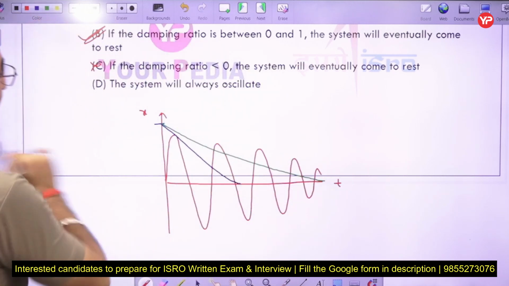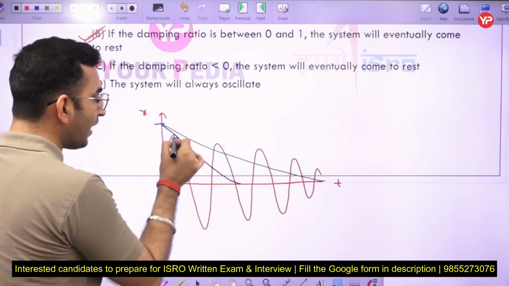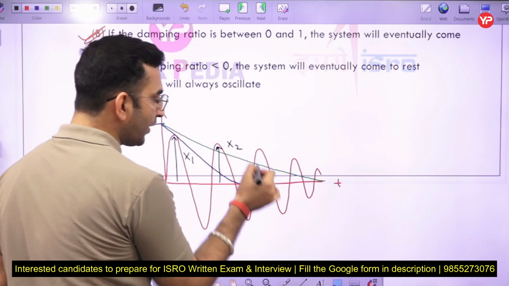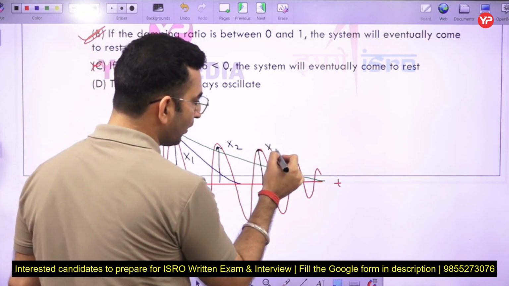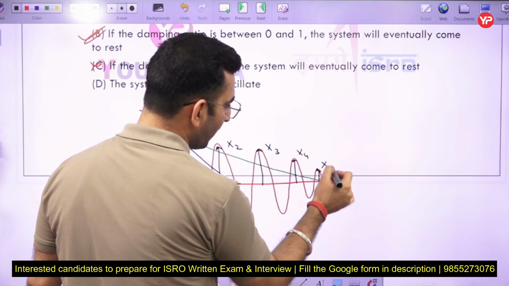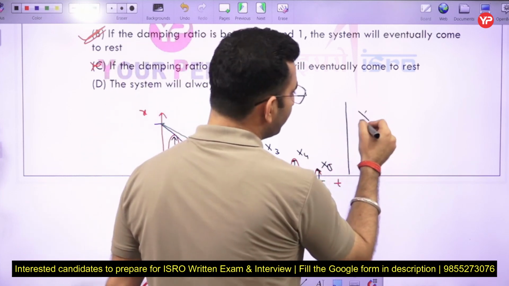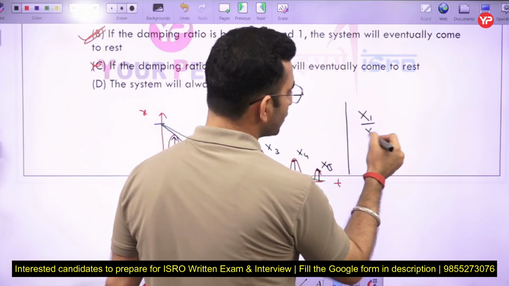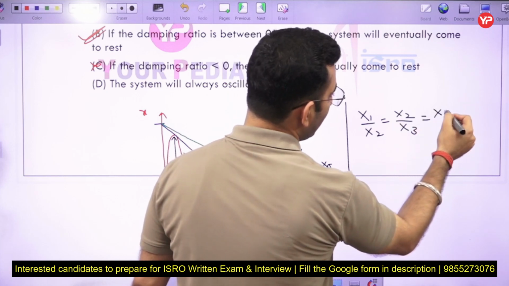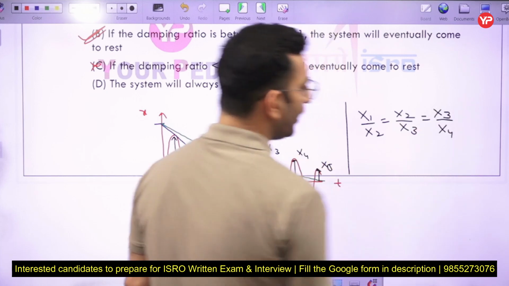And along with that, here we have an amplitude. So this is the amplitude x1, this is the amplitude x2, this is the amplitude x3, and so on. You should know that the ratio of all of these amplitudes, x1 by x2, x2 by x3, x3 by x4, is going to remain the same.